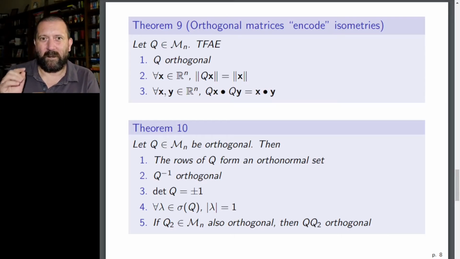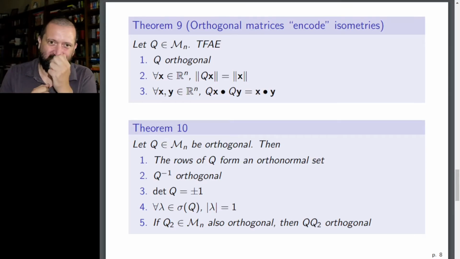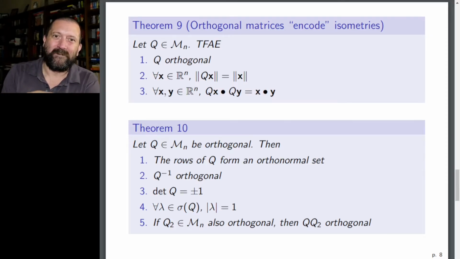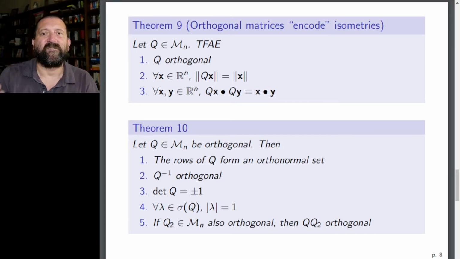Number 4, I'm actually going to show you because eigenvalues and eigenvectors are very important in this course, and so I think everything that touches on eigenvalues and eigenvectors is worth mentioning. For any lambda in sigma of Q, so I'll remind you, and every time I will, that I'm denoting by sigma of Q what we call the spectrum of the matrix, that is the set of all its eigenvalues.